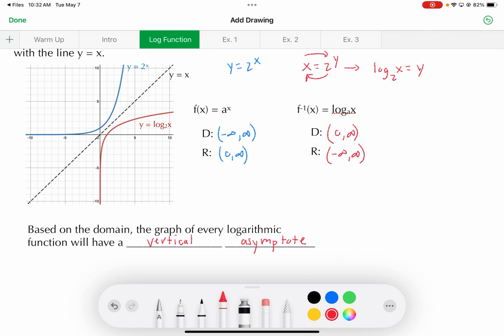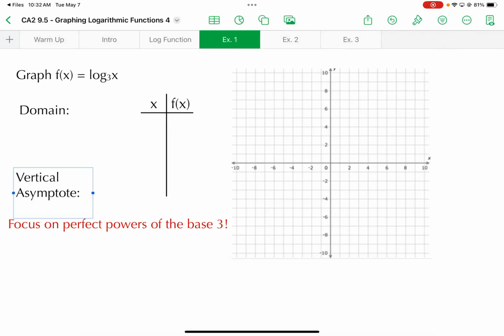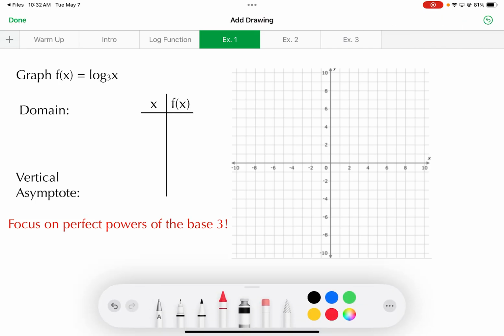All right, so go to example 1. We want to graph f equals log base 3 of x. The first thing we'll do is recognize the argument of the logarithm is x. That means the domain has to be x greater than 0, or 0 to infinity.